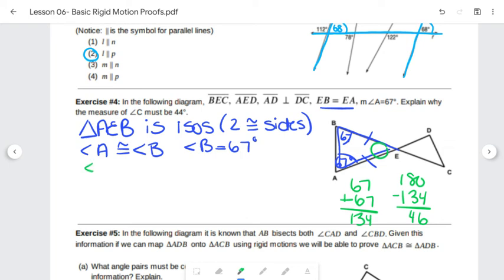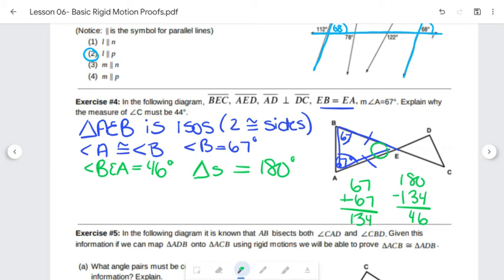So angle BEA equals 46 degrees because triangles equal 180 degrees. Notice I had to call that one BEA because I couldn't just call it angle E if there's one on each side of that angle spot.